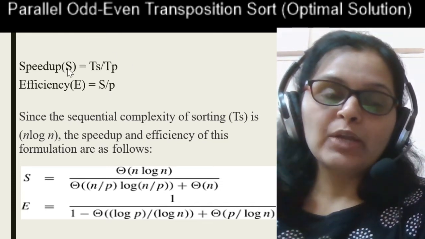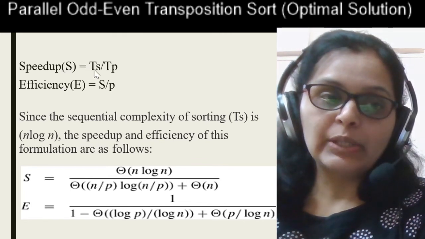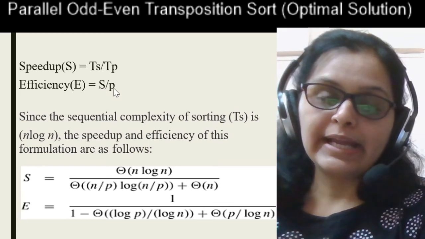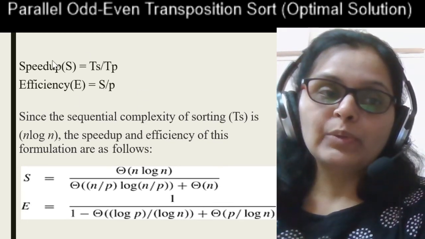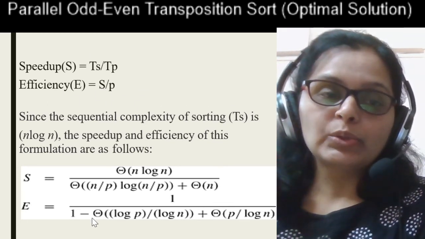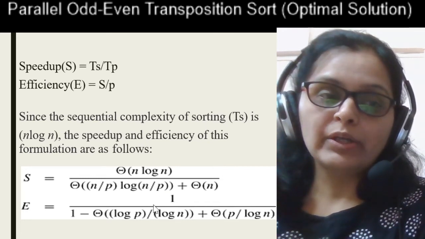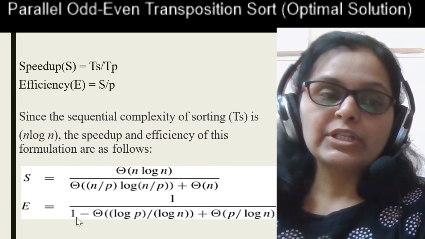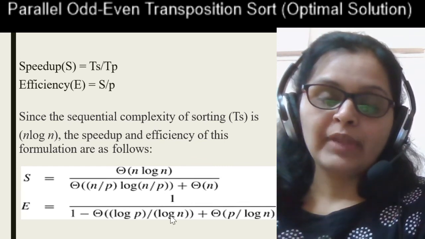Speed up you calculate as S is equal to TS by TP, and efficiency you calculate as S by P. By substituting the values, go through this solution. Speed up we are getting like this, and efficiency we are getting like this.